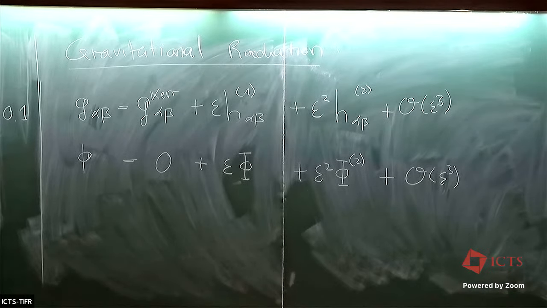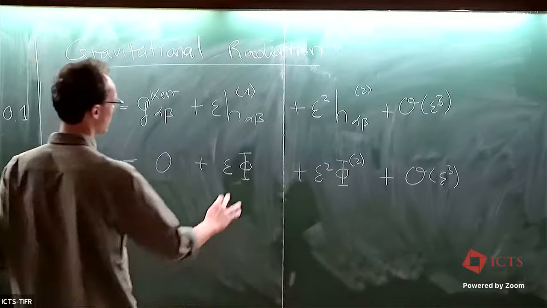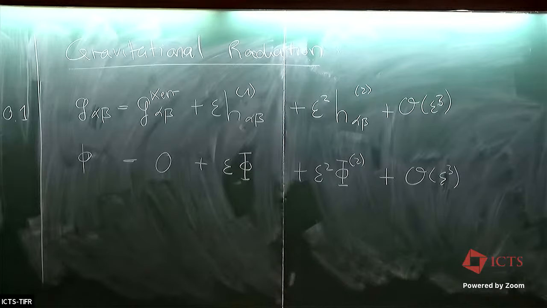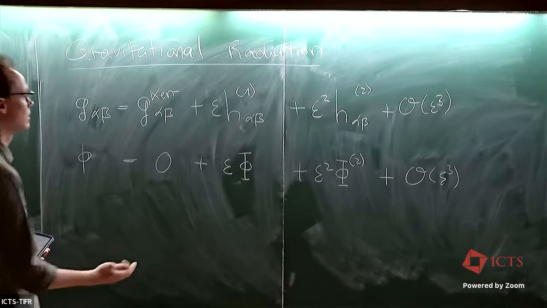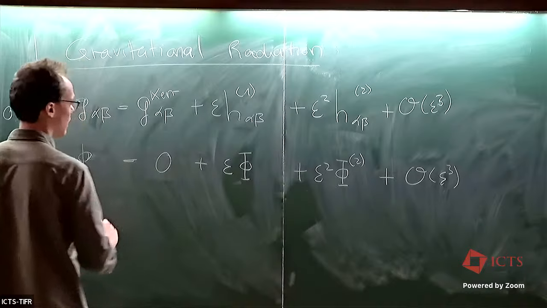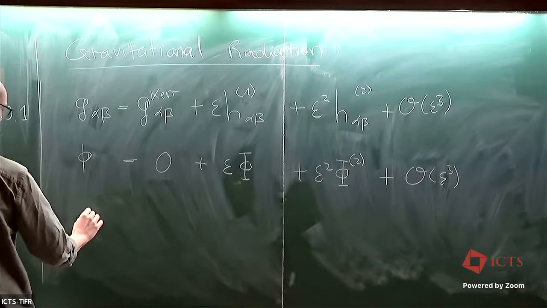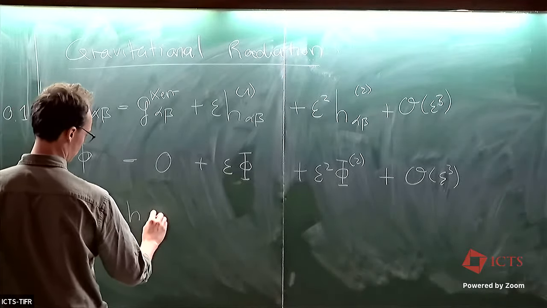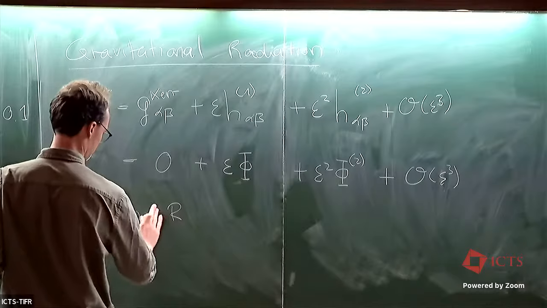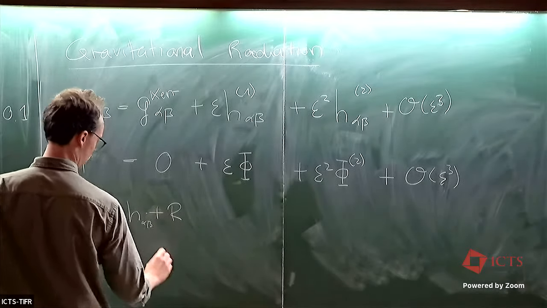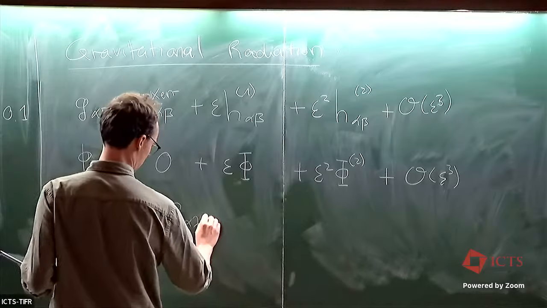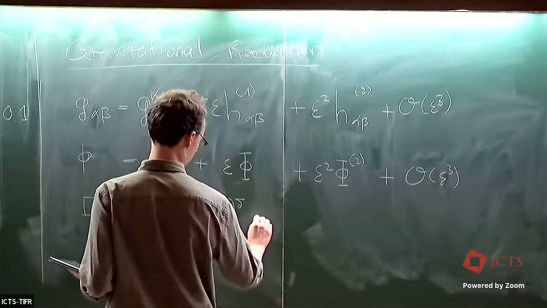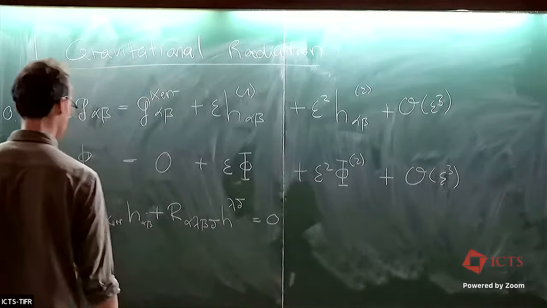As we already saw, the evolution equation for the linear metric perturbation, the leading correction to the Kerr metric, we found to be basically just the following equation, under some gauge assumptions.